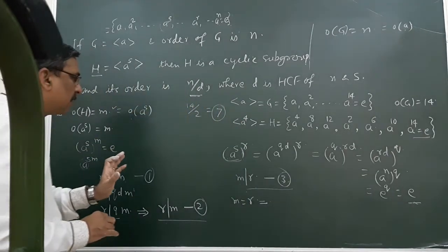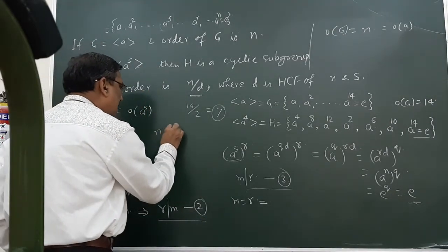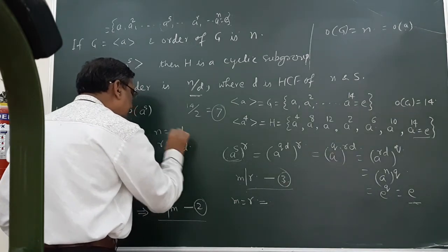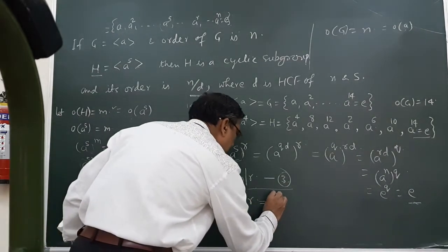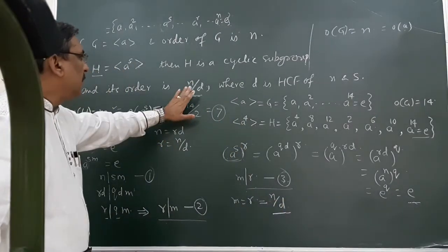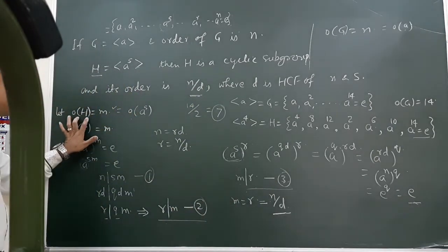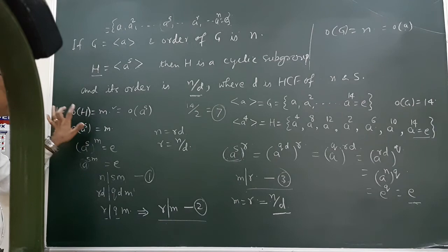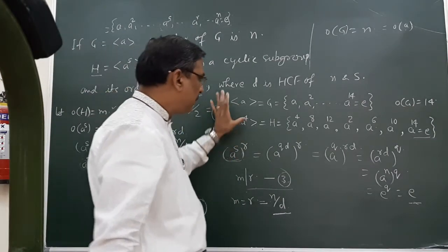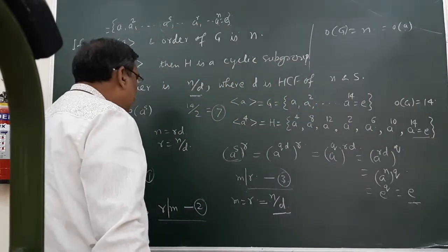We suppose N is equal to RD. So R is equal to N by D. This is the result: N by D is the order of this cyclic subgroup, which we proved in this way.